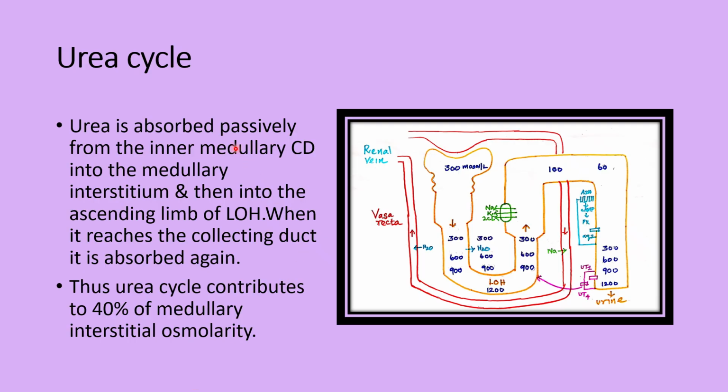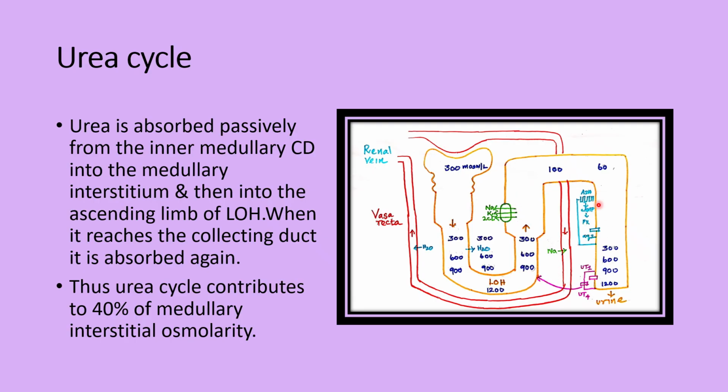Urea is absorbed passively from the inner medullary collecting ducts into the medullary interstitium through urea transporters. Then it moves into the ascending limb of the loop of Henle, and when it reaches the collecting duct, it is absorbed again.